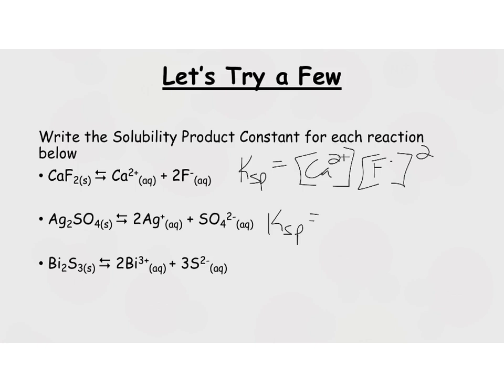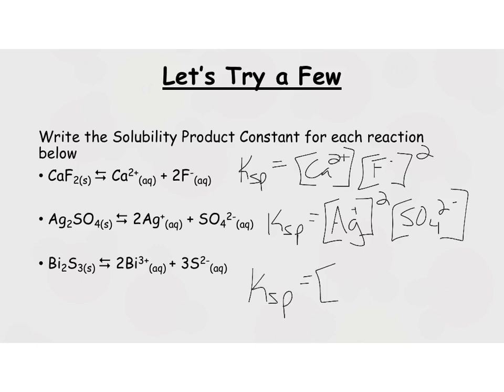For this one, we've got Ag plus with a 2 in front of it, so a 2 goes there, and then SO4 2 minus. Last but not least, we've got Bi 3 plus, that's got a 2, and then S2 minus, which has a 3 in front.